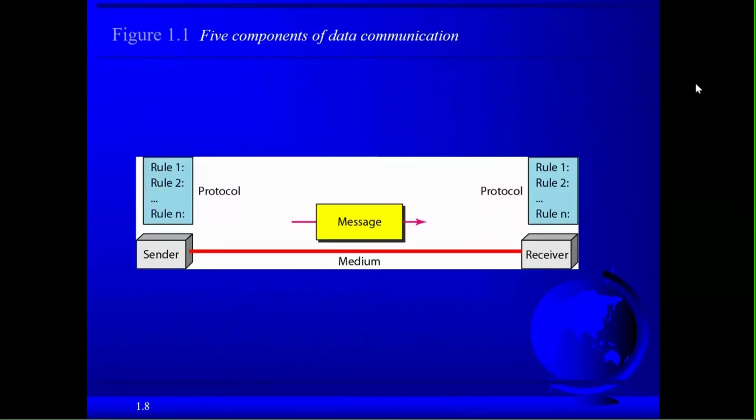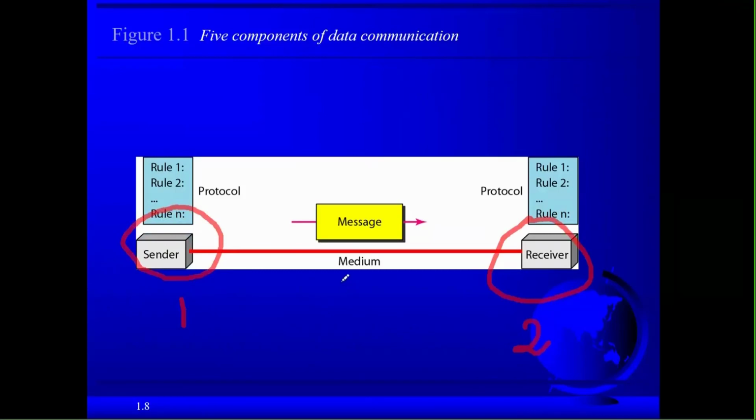So the 5 major components of data communication, very important. We have 5 major components of data communication. Let's look at them, and let's number them. Of course, in any data communication, we have a sender. We have a receiver, of course.